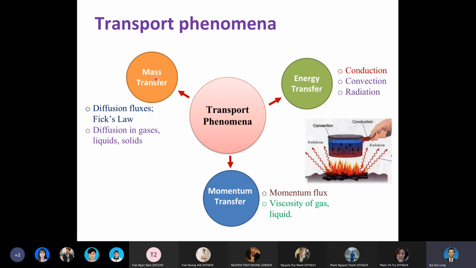Mass transfer we will do with diffusion flux, with Fick's law. You have the first Fick's law and the second law. And you will study the mass transfer in gases, liquids, and solids.